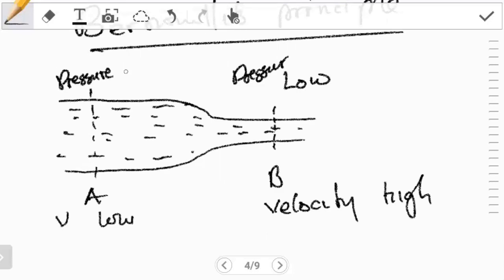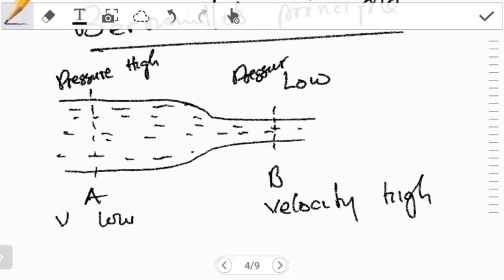Now, if you try to think about it, this is where you might start to wonder, wait, you expect that with the increase in velocity, the force here is supposed to be greater, implying that the pressure at this particular point is supposed to be greater at point B as compared to point A where the fluid is slow.